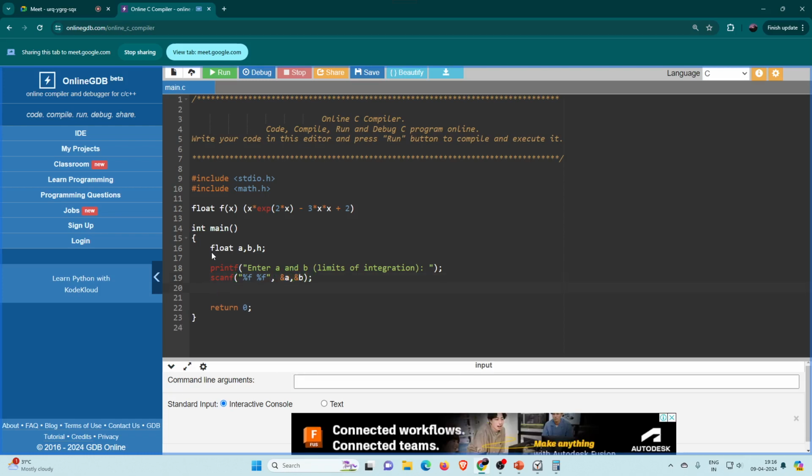So I have entered this. So number of sub intervals, I know it is already 6, right? Number of sub intervals is 6. So to calculate the step size, that is h. So h equals, or I'll do one thing, I'll print it.